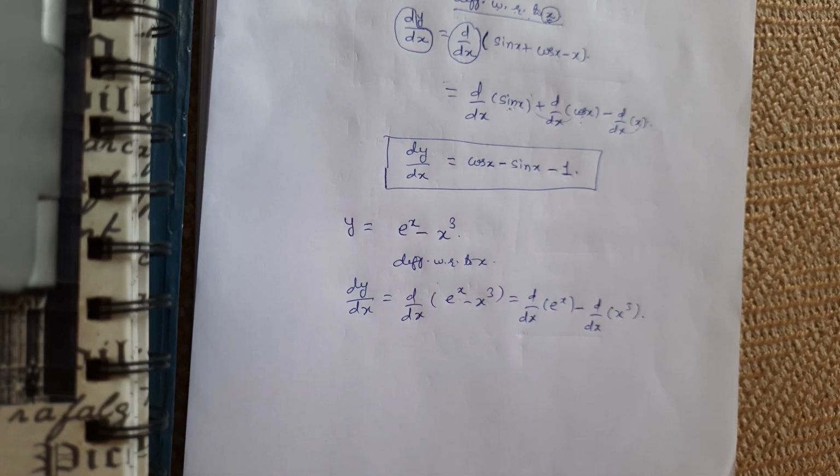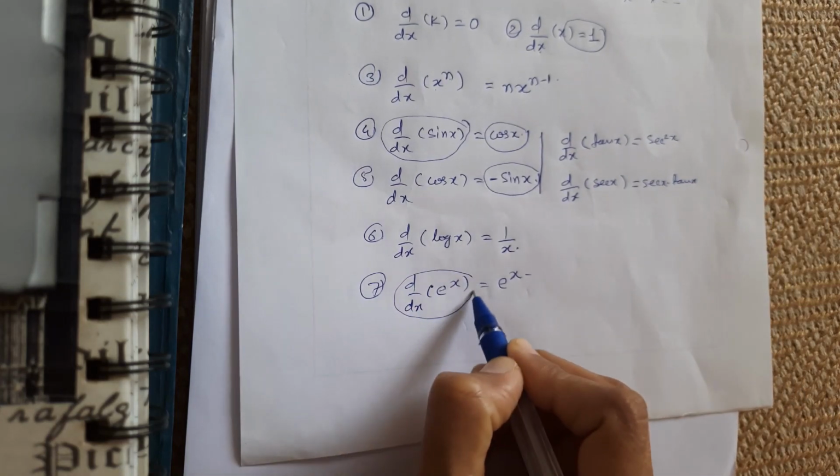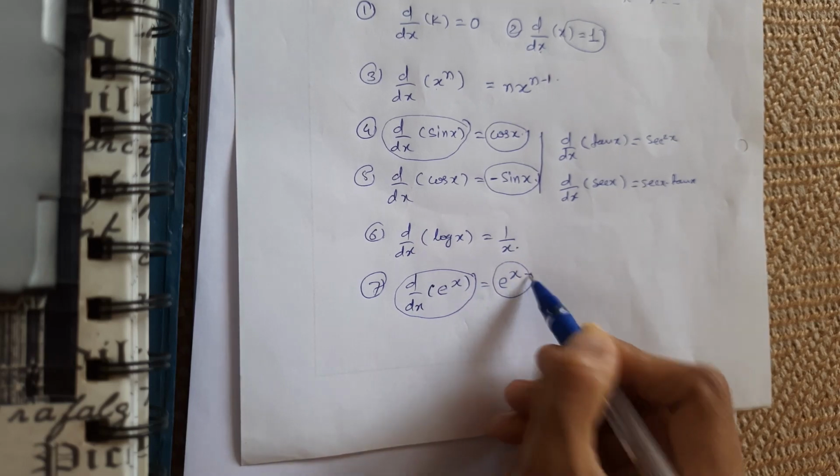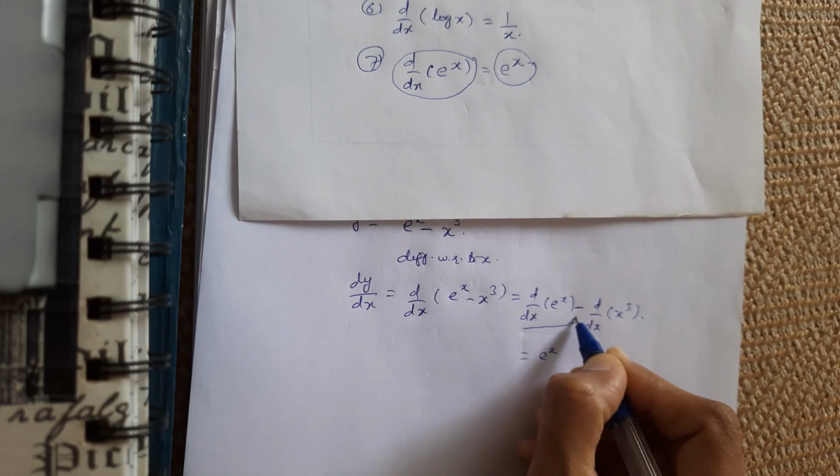Now I will look at the standard formula list: d/dx of e to the power x is e to the power x. So I write this value as e to the power x.